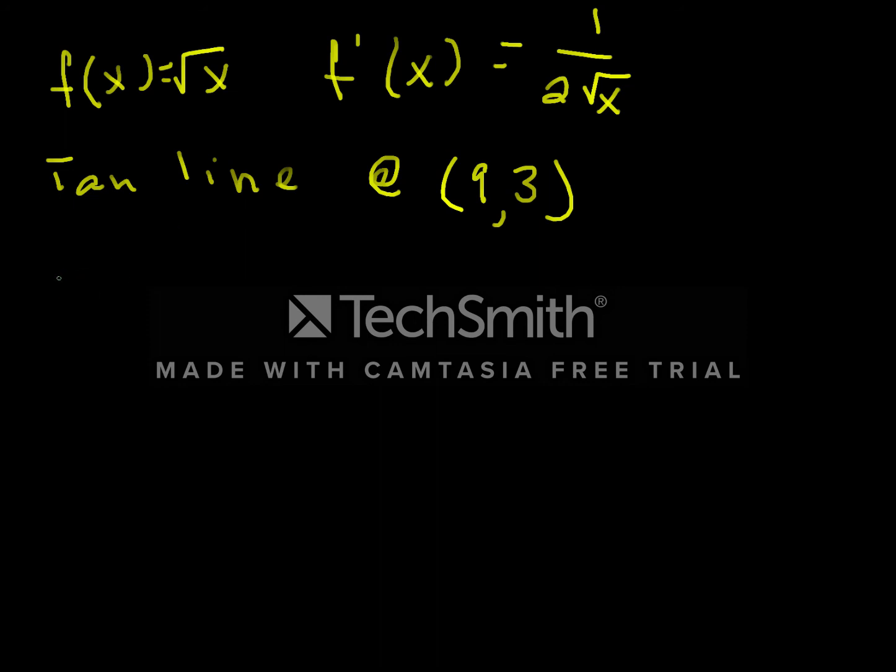So just writing our formula out, we know that it's going to be y minus f of what value? 9 is equal to f prime of what value? 9 times x minus what value? 9.